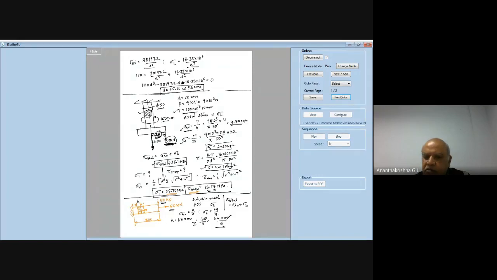How do we get sigma total? We need to choose a suitable material and a factor of safety and then decide sigma total, and based on that value we have to find the value of B, wherein you have axial stress in terms of B and bending stress also in terms of B.